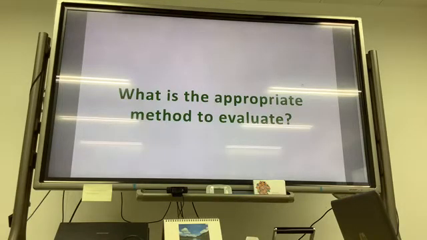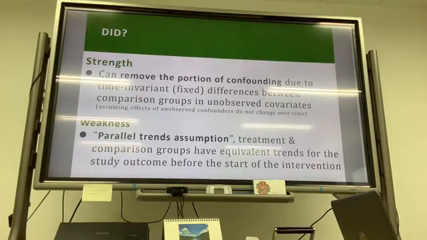So my question is, what is the appropriate method to evaluate this policy change occurring in 2018? And I thought DID method is an appropriate way, because it enables us to remove the portion of confounding due to time invariant differences between comparison groups in unobserved covariates.